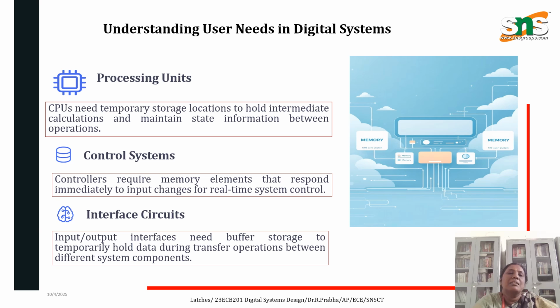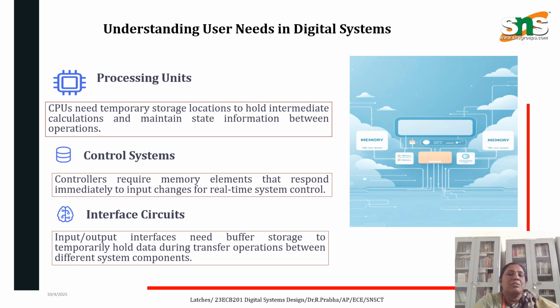Understanding the digital system's needs, for example, if we take a processing unit, the central processing unit, in order to hold intermediate calculations and maintain state information between operations, it needs memory storage.